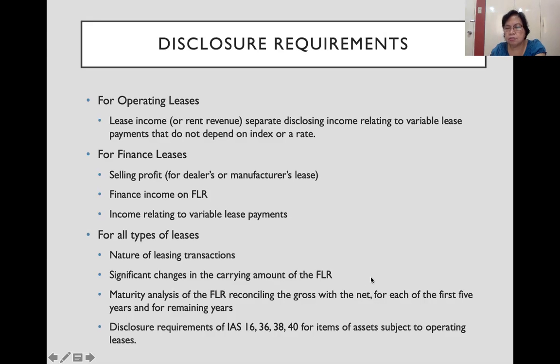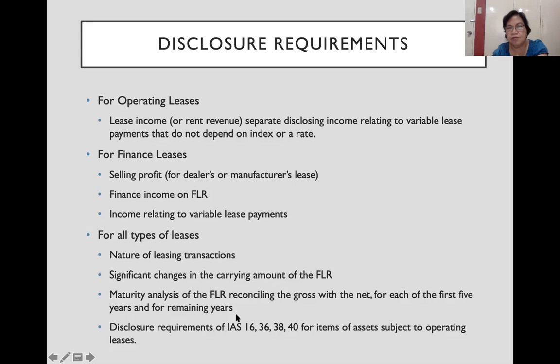Then these amounts will have to be segregated for the next year. So the amount that will accrue for the next year, the amortized cost of that will be presented as current. So you have to present that in a matrix. Then years 2 to 5 will have to be separated, and the finance lease receivable collectible beyond year 5 will also be disclosed separately.